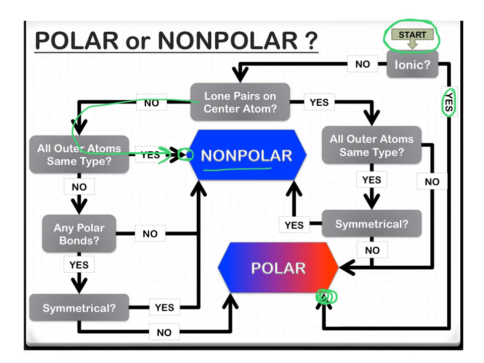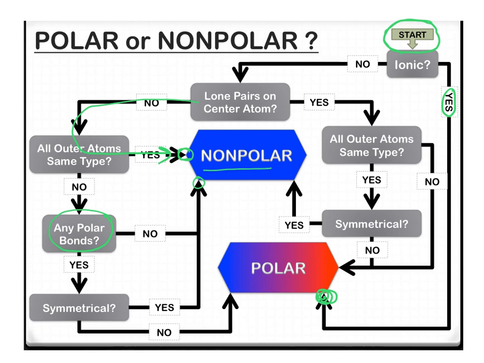Okay, if all the outer atoms were not the same type, if you answered no, then you're going to look, are any of the bonds polar? If the bonds are not polar, then we're back to nonpolar. If the bonds are polar, then we want to think, are they symmetrical or not?